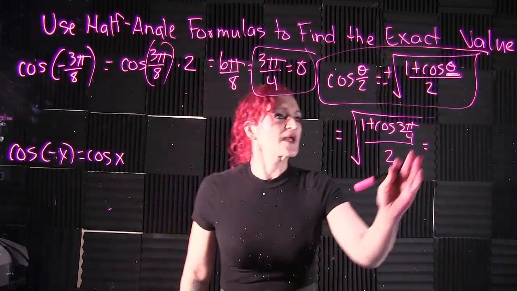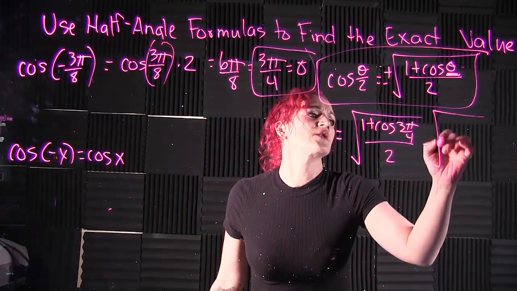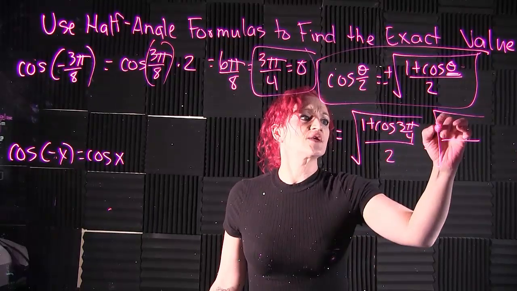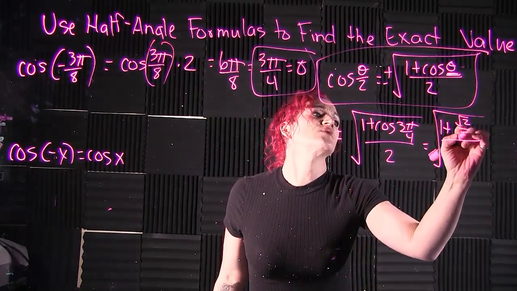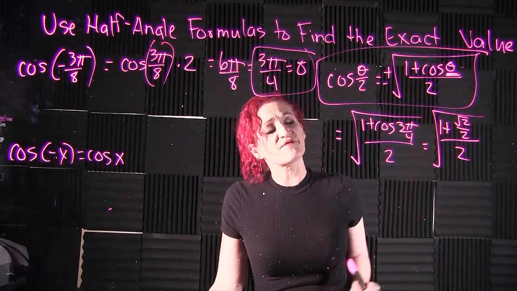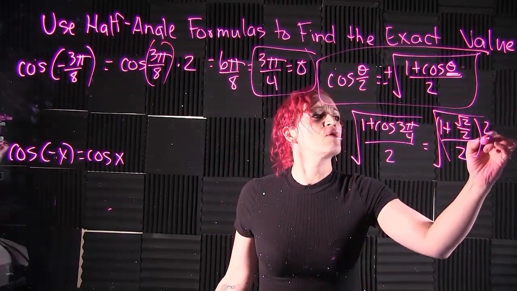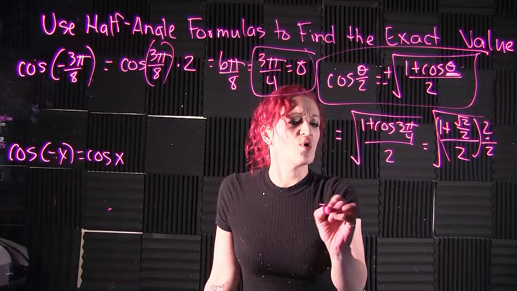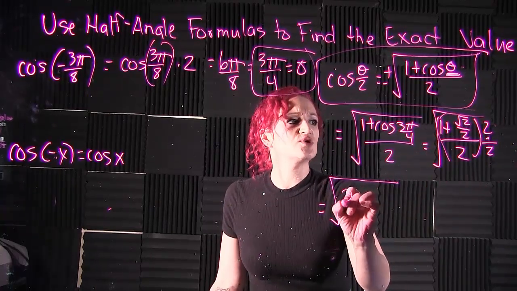Go ahead and calculate cosine 3 pi over 4, either by throwing that into your calculator or using your unit circle. Cosine of 3 pi over 4 is the square root of 2 over 2. The only thing left to do is simplify our radical. In order to simplify, multiply everything by 2 over 2, so in our numerator we get a 2 plus.